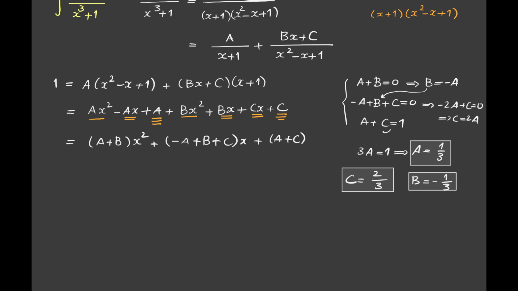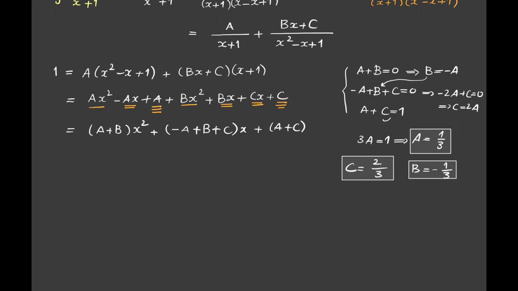So my question mark is equal to the integral of this part with a equals 1/3. So I would write 1/3 integral, and then I have dx over x plus 1. But in this case, b is minus 1/3, c is 2/3.